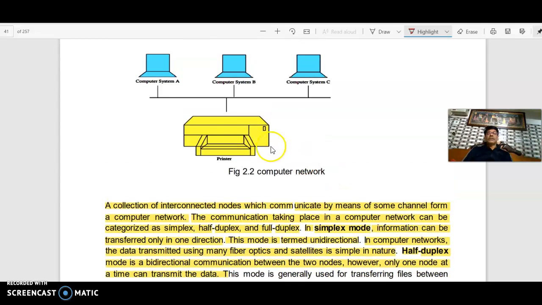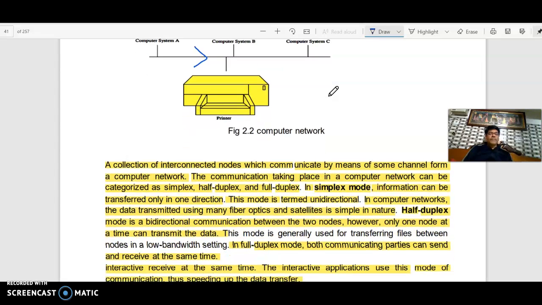Simplex mode means at one time data is going in one direction from system A to system C. In one direction data is going. Suppose in this direction data is going, that is what is called simplex mode.